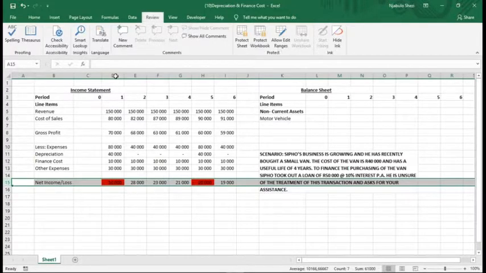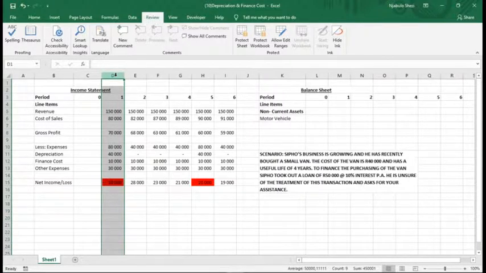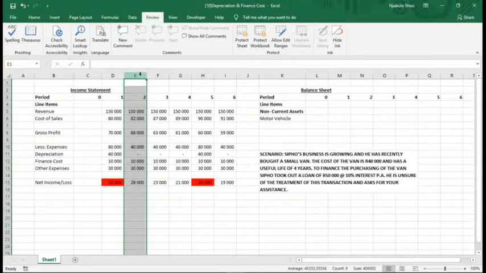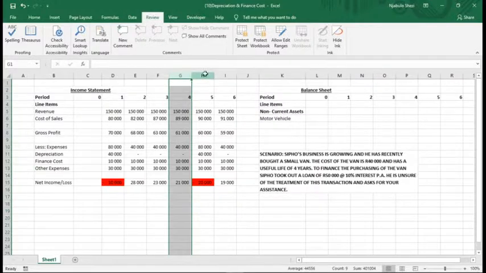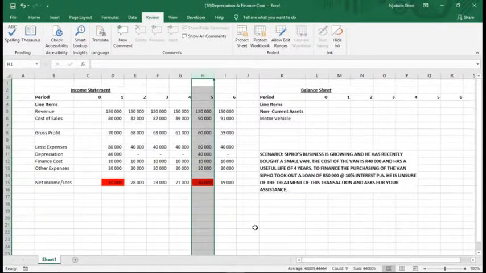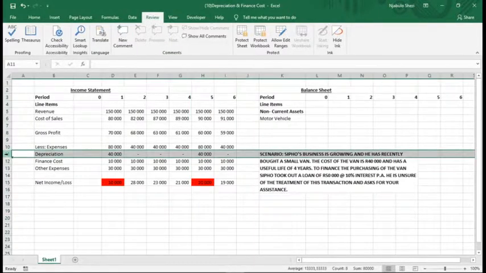In 1 year, he makes a loss of 10,000 rand. In the following year, he makes a profit of 28,000, then in year 3, 23,000, in year 4, 21,000, and in year 5, he makes a loss of 20,000. So it seems as if in the years that he purchases his van, he makes a loss because he has treated depreciation in an incorrect manner.